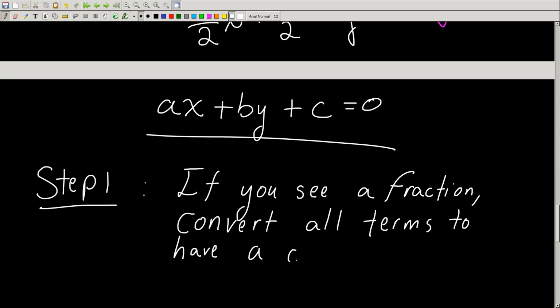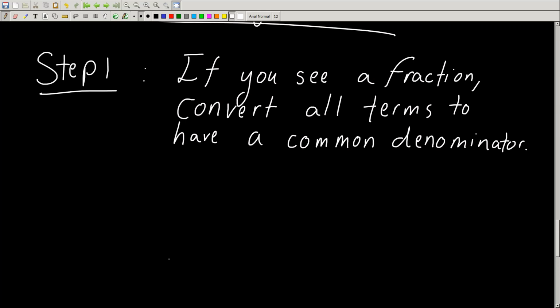So what I want is, if I see a fraction, convert all terms so that they have a common denominator. I love that part about conversions, right? We're going to convert every single term so that they have the same denominator underneath them. It's actually quite fun. Then cross out the denominators.